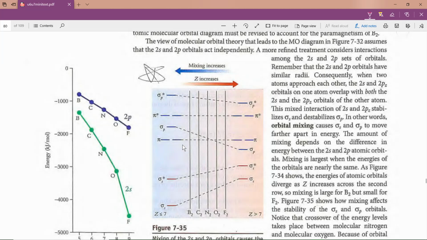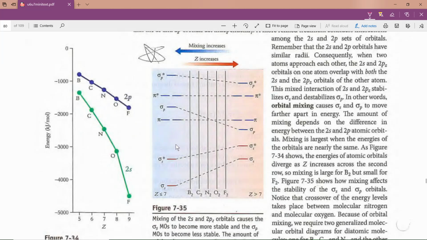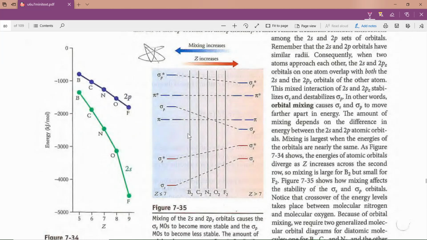Let's just look at the picture, and usually I give you a picture somewhat like this on a test or quiz. If the atomic number is 7 or less, so nitrogen or less, then I fill up sigma S, pi, sigma P, pi star, and sigma P star.